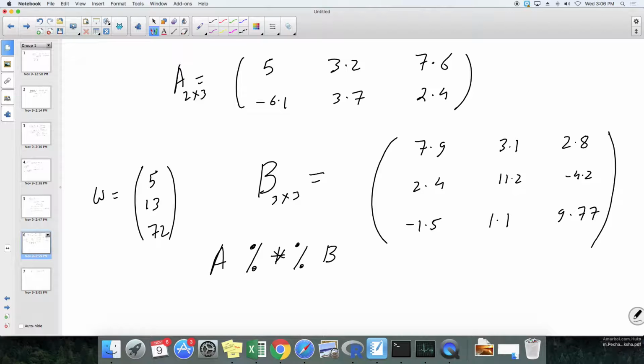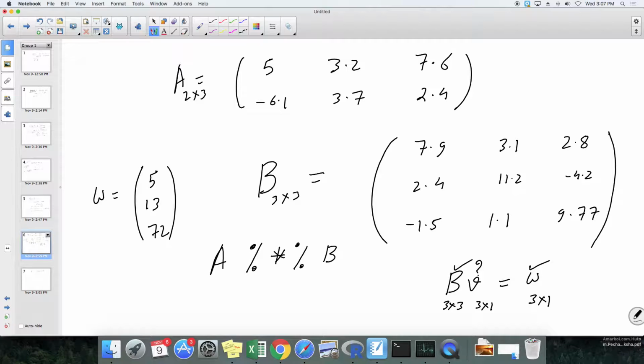Now suppose we want to solve the equation B V equals W. So where B is a 3 by 3 matrix, V is a 3 by 1 vector, and W is a 3 by 1 vector. So notice that we know the value of B, we know the value of W, but we don't know the value of little v, and that's the point.